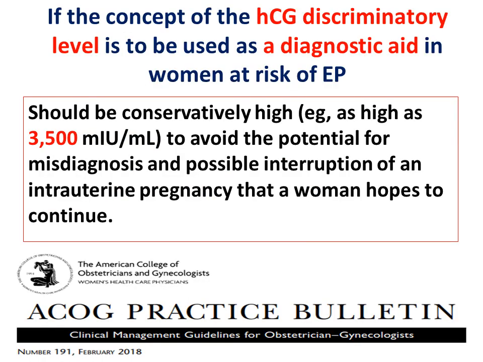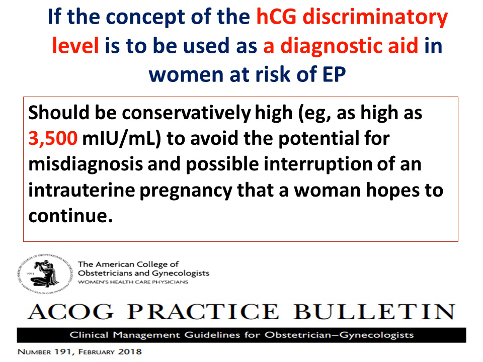The second point: if you rely on the beta HCG discriminatory level of 2000 transvaginal and 6000 transabdominal without seeing an intrauterine gestation sac as a diagnosis of ectopic pregnancy, you should consider that the level of beta HCG should be very high, as high as 3500 units per liter, to avoid the potential for misdiagnosis and possible interruption of an intrauterine pregnancy that a woman hopes to continue.